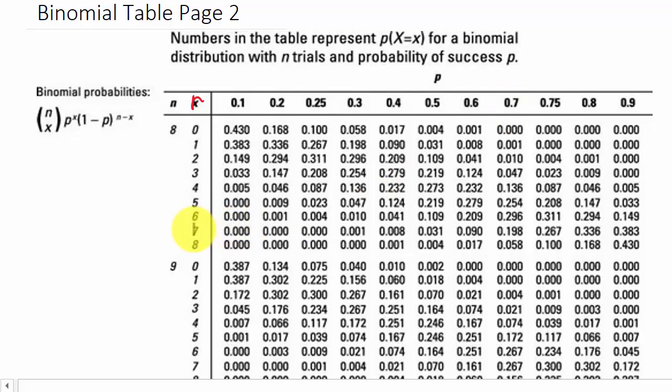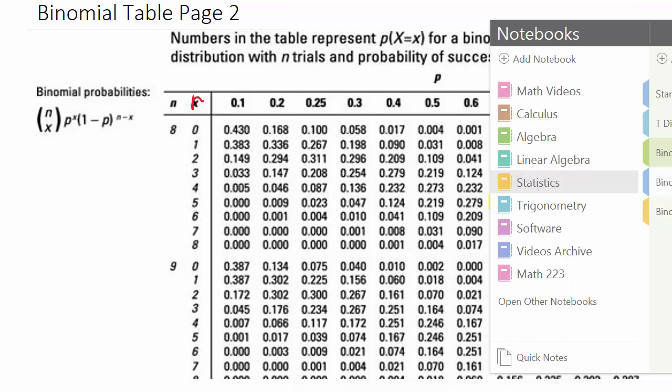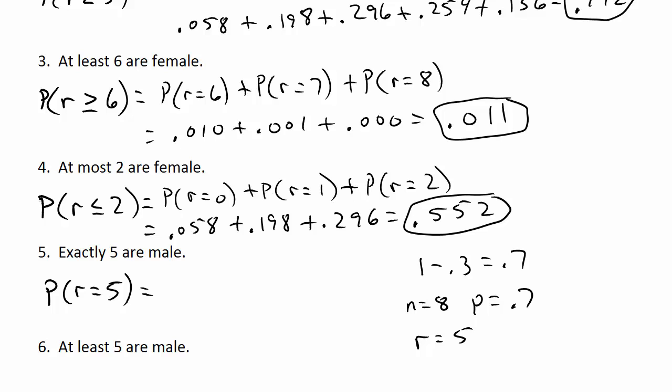If we go over here to 5, and then go to the column where P is 0.7, our probability is 0.254.